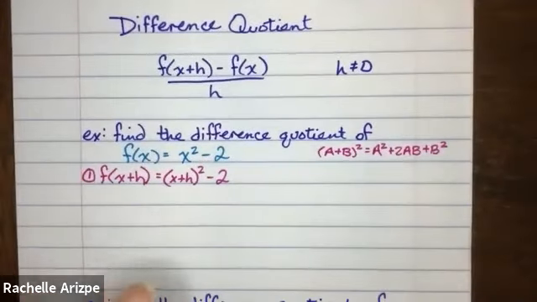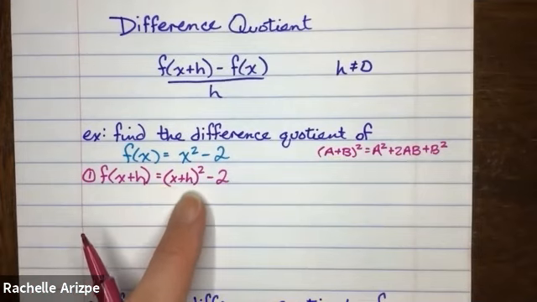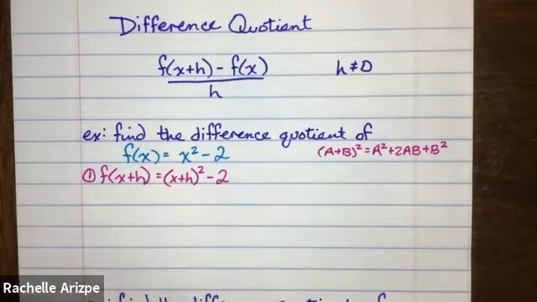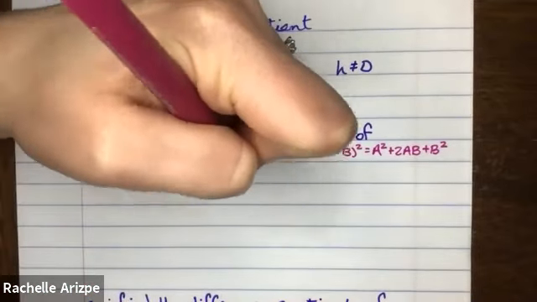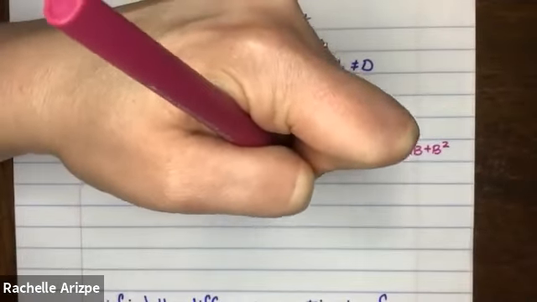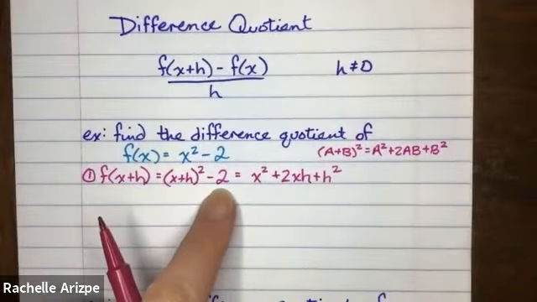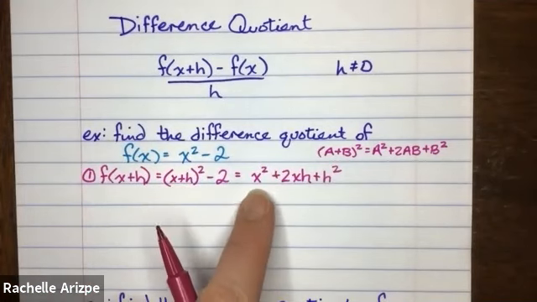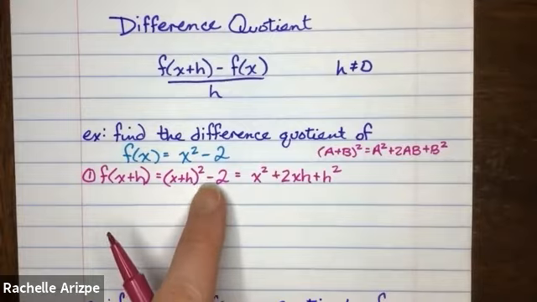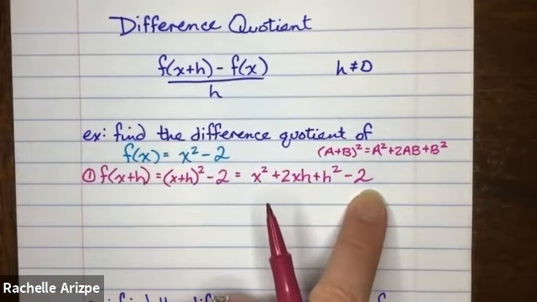If I use this formula, a would be x, b would be h, and this becomes x squared plus 2xh plus h squared minus 2. So this portion is represented by this trinomial, and we still have minus 2 at the end. Now, normally at this point, we would try to combine any like terms, but none of these terms are alike.